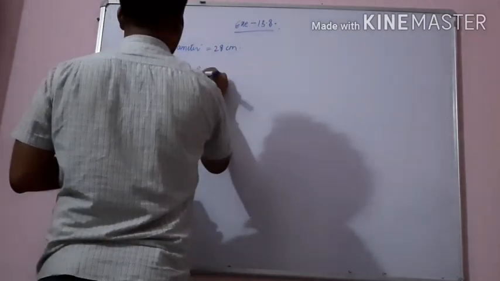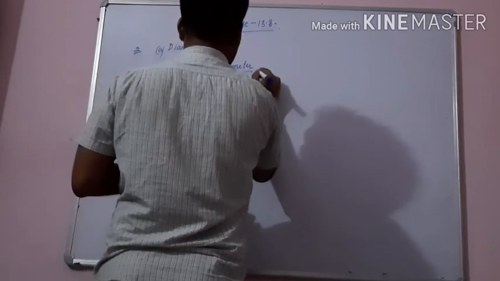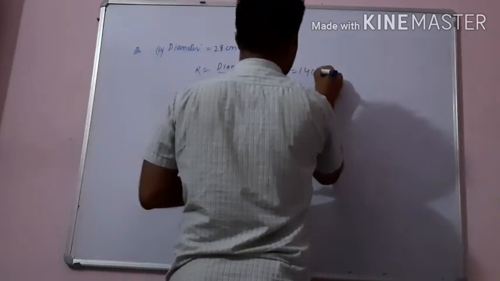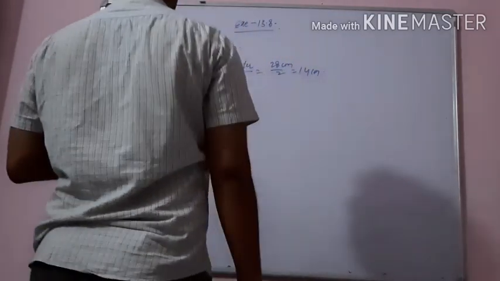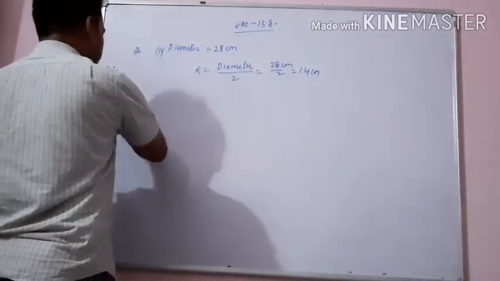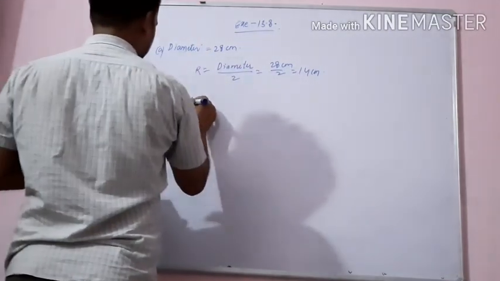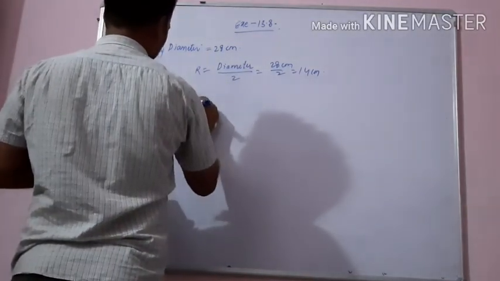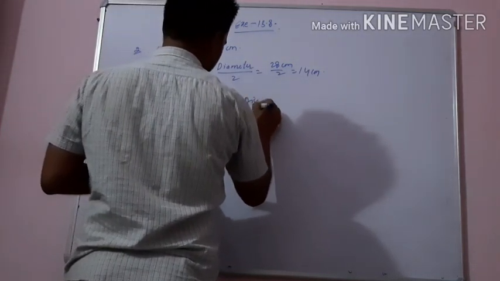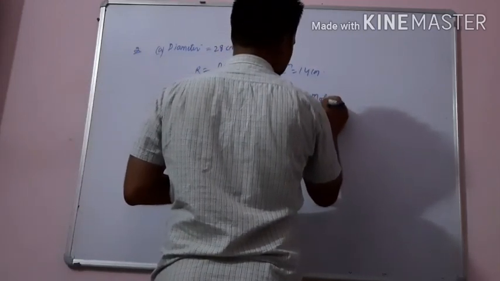So radius will be half of diameter, that is 28 centimeter upon 2, that is 14 centimeter. Now see, the water displaced by a spherical ball will be equal to the volume of the sphere.